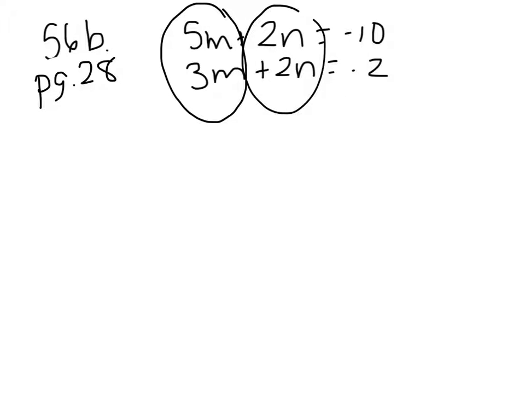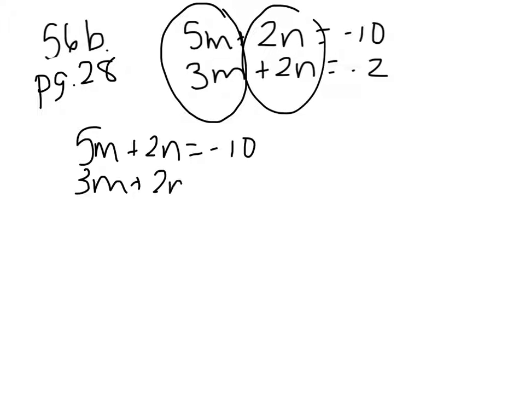So instead, we are going to try to subtract them. So I'm going to rewrite my equation. So we have 3m plus 2n equals negative 2. So I'm going to draw my line, and I'm going to now subtract. So this becomes a negative 3m.